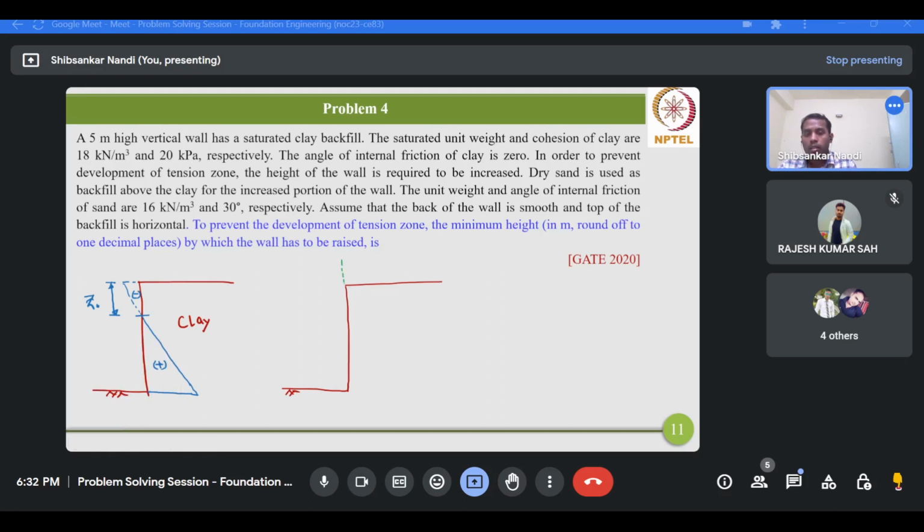Okay, so we are basically increasing the height. So this additional height is your h, and this part is now filled with dry sand. Okay, so this part is dry sand, and this is the saturated clay.